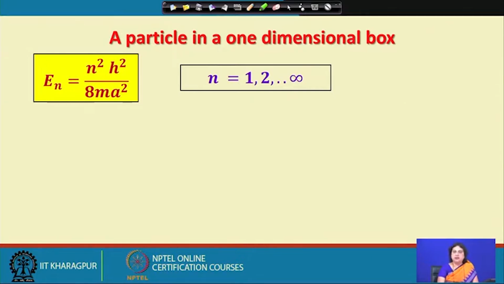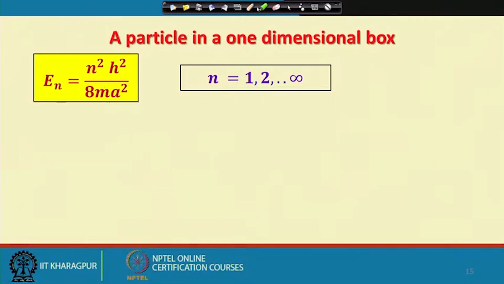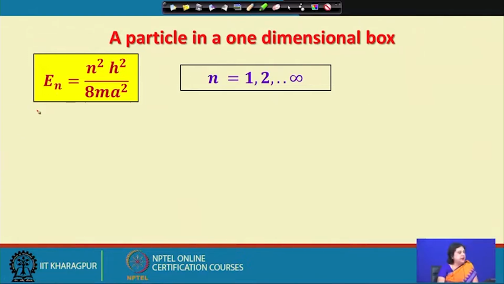If the length of confinement is a, and the particle has a mass m, then the discrete energy values possible for this system are given by E_n, which depends on the mass m, the length a in which it is confined, and on one particular quantum number, n. And n can take values 1, 2, 3 to infinity.